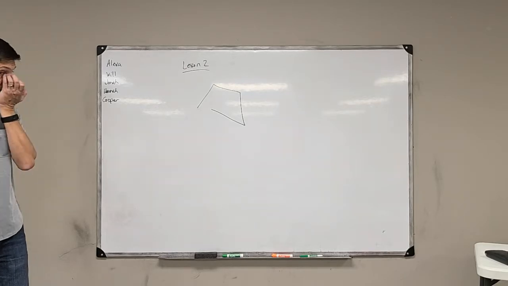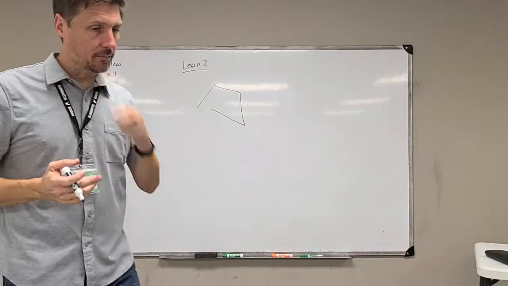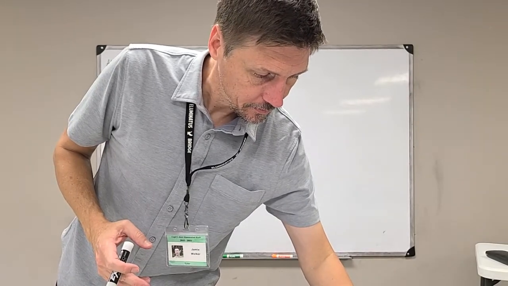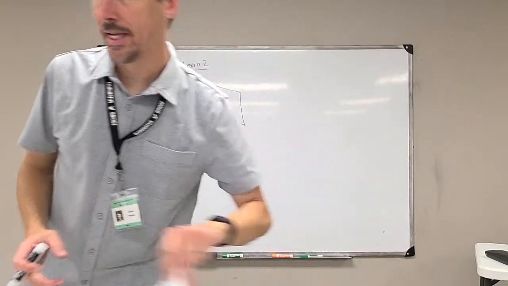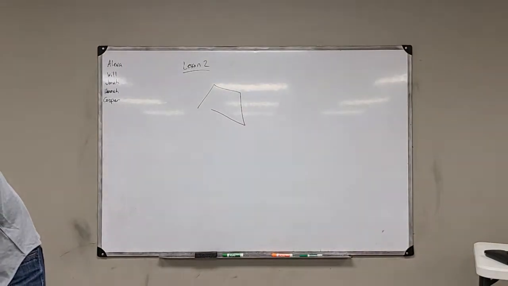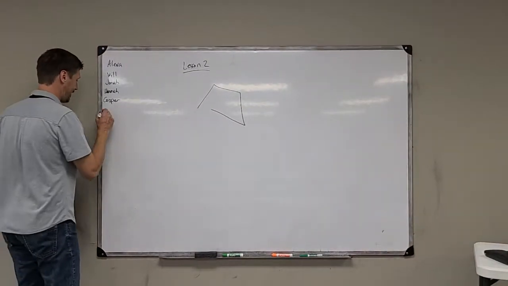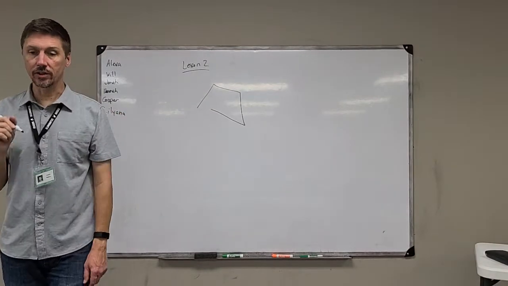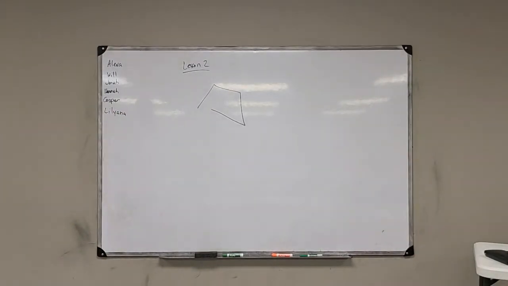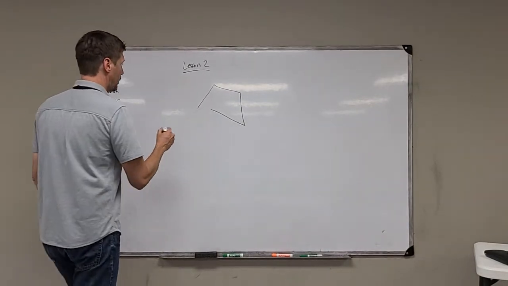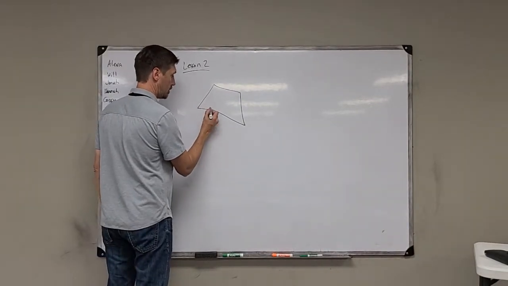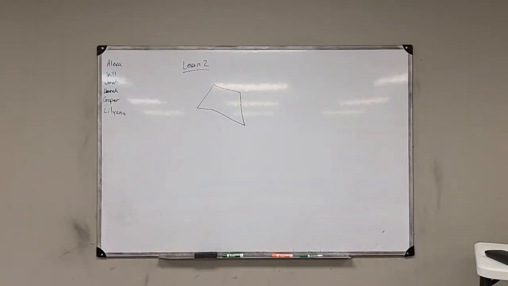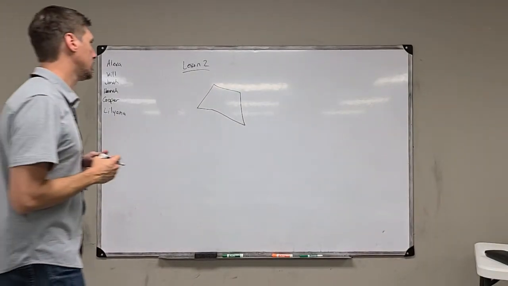So that's one thing that we have to remember with a polygon. Polygons have to connect with one another. So that's one thing that we have to have with a polygon. So what if I do this? Is it a polygon now? Yeah, all right. As long as you've got these lines that connect, it's a polygon.